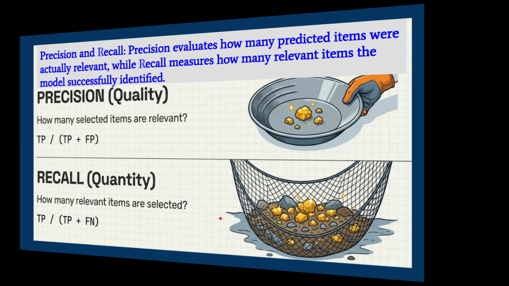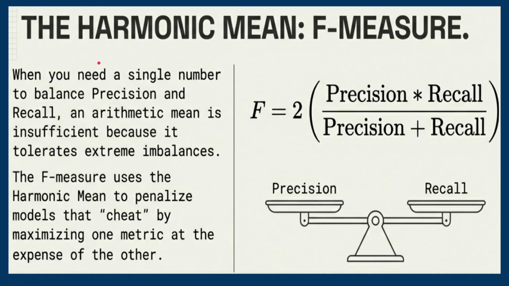And the next evaluation metric: when we go between precision and recall, we have some issue here. When you need a single number to balance precision and recall, an arithmetic mean is insufficient because it tolerates extreme imbalances. The arithmetic mean is the arithmetic average. Precision and recall are the parameters, whose definitions say the quality and the quantity of the items chosen.